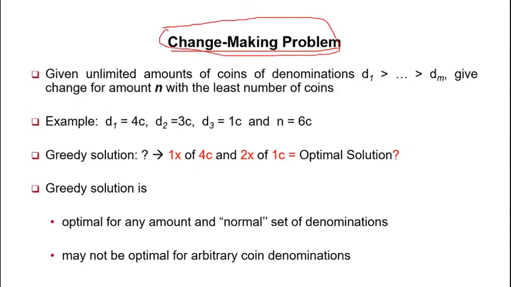The first step is to list out all feasible solutions, I mean the combinations based on the coins. Say we have an amount of 6 cent, and given the denominations 4 cent, 3 cent and 1 cent, the goal is to obtain the least number of coins.